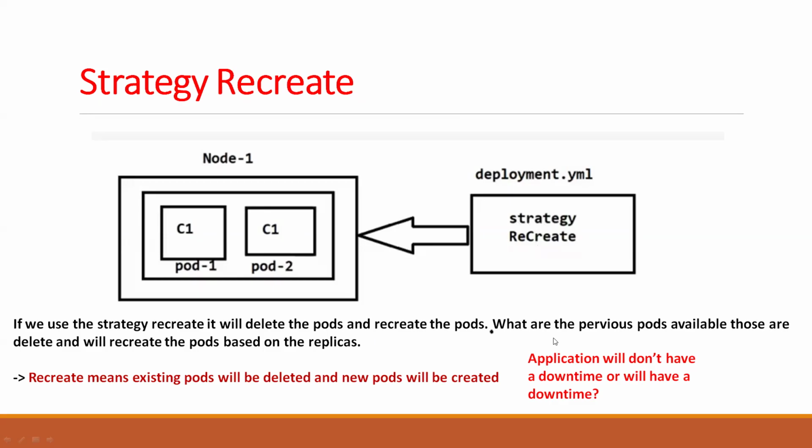So whatever previous pods are available, those are deleted and it will recreate the pods based on the replicas. So recreate means existing pods will be deleted and new pods will be created. Will the application have a downtime or not in the recreate? Definitely there will be a downtime, because we are deleting the entire set at a time, then it will recreate.